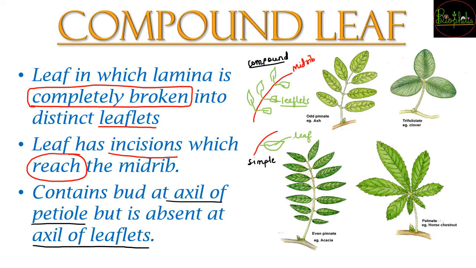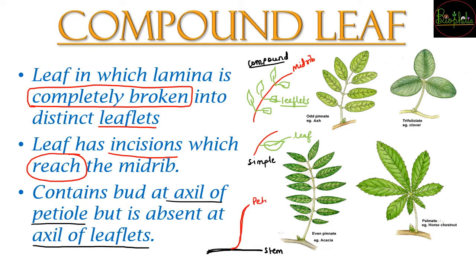So if you can see up here in this particular photograph, for example, this is going to be your branch, or this is going to be your stem. So this is your stem, for example. From here there is this area that is called the petiole.